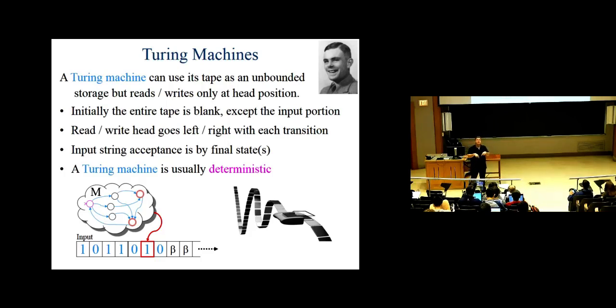And based on that symbol, it can change states, overwrite that symbol, and move the read-write head to the left 1 square or to the right 1 square or stay in place. That's all it can do in one step. Very simple, very straightforward, very narrow set of operations or options.